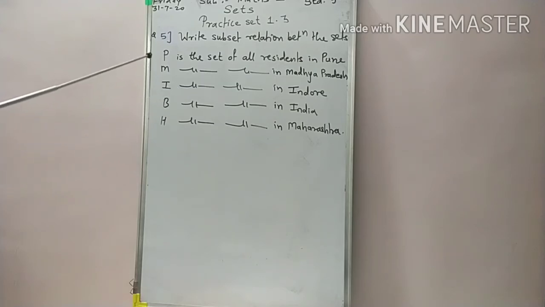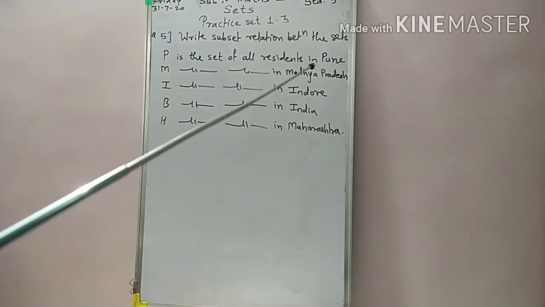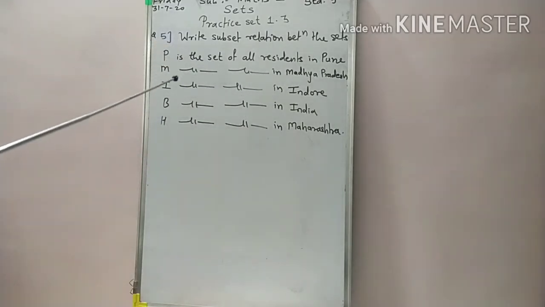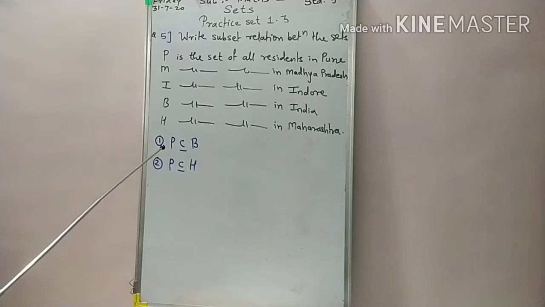So P is a subset of B. And similarly, Pune is in Maharashtra, meaning all the residents of Pune are in the set H also, and hence P is a subset of H also. So like this, we write down those relations. P is a subset of B, and the same P is a subset of H.